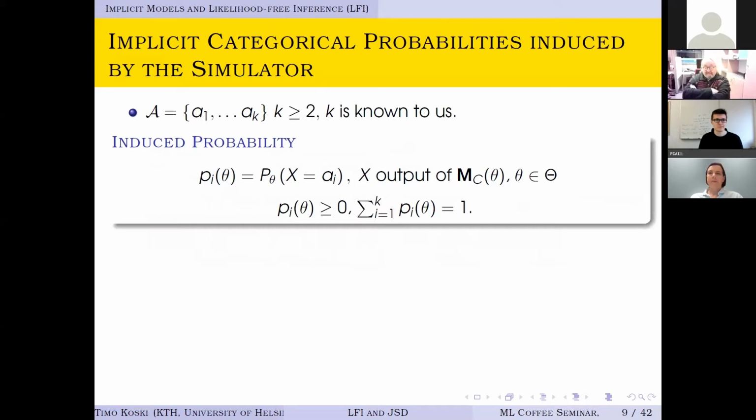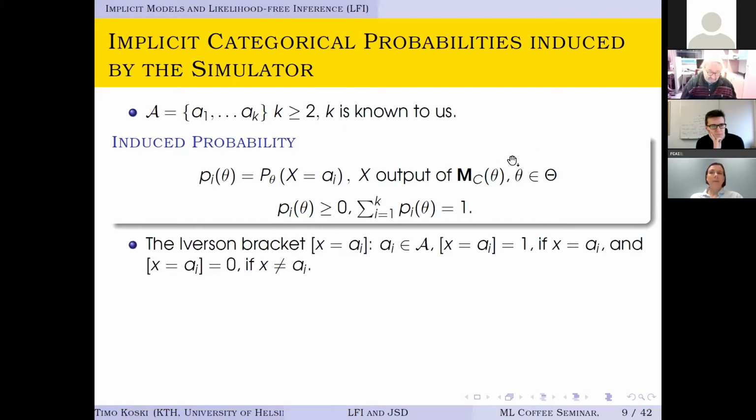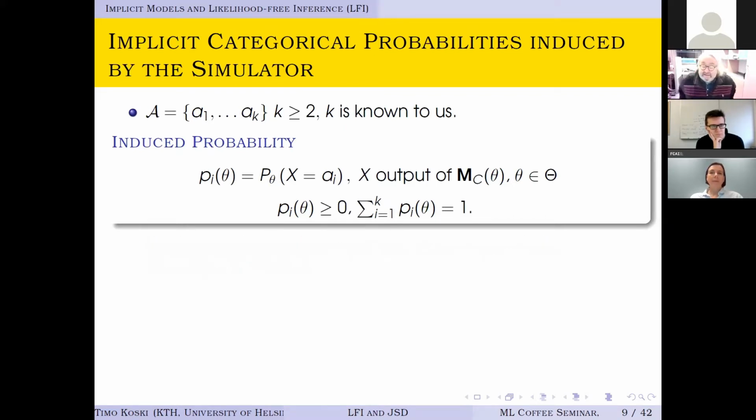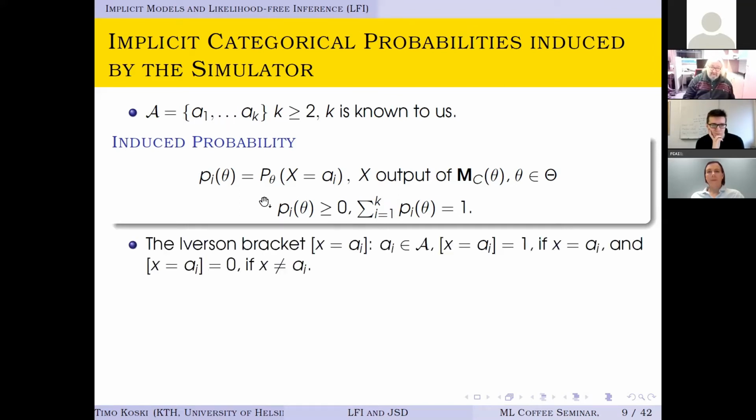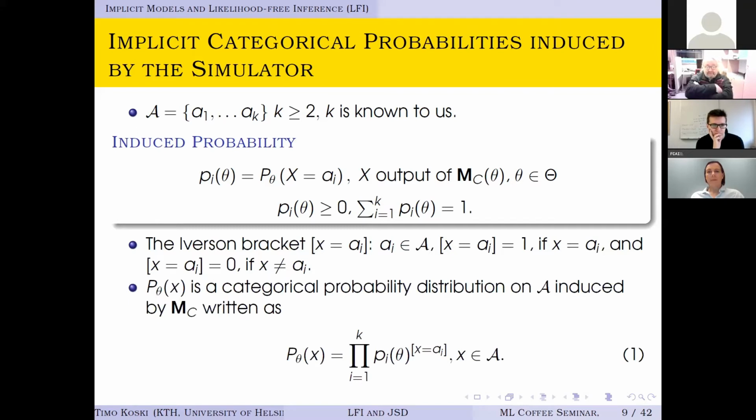So now here comes some notation. Namely, the point is that if I run my simulator model with the parameter theta, then that induces a probability on this alphabet in this way. Now here's a bit of notation, which is sort of self-explanatory.